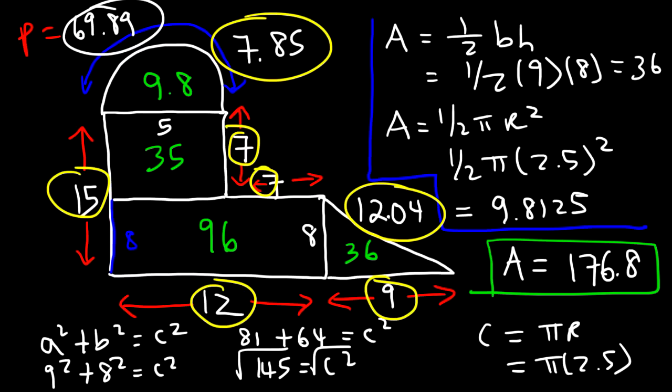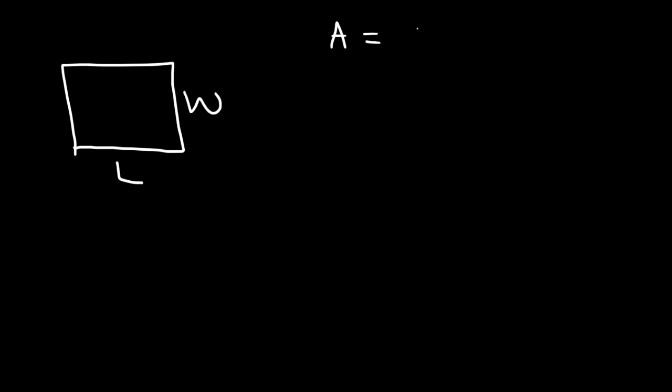So now you know how to find the area and perimeter of irregular figures. So just to review, here are some formulas you need to know. If you have a rectangle, the area of a rectangle is length times width. The perimeter is simply the sum of all four sides. It's 2L plus 2W.